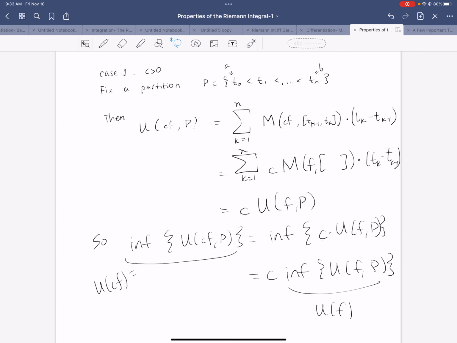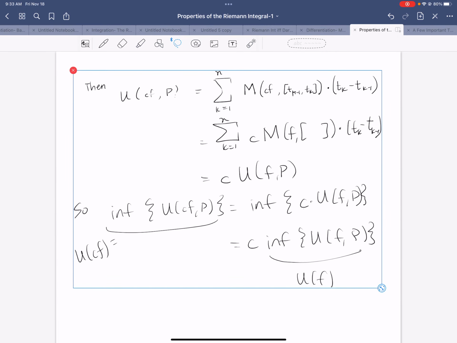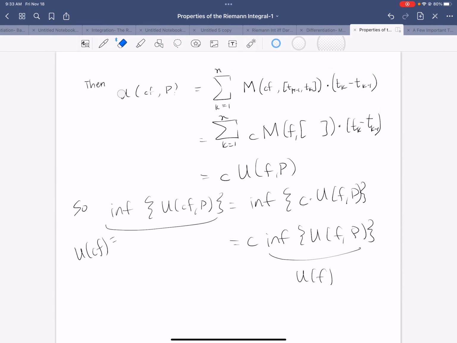So let's add a page here. If we were to do the same analysis for the lower sums, we would say, what's going on with the lower sum of CF with respect to P? Well, it's the sum of those areas using the infimum, right?